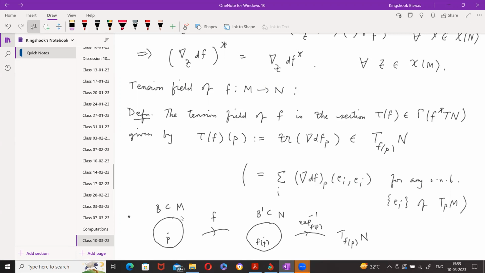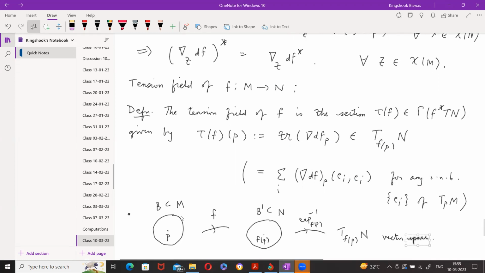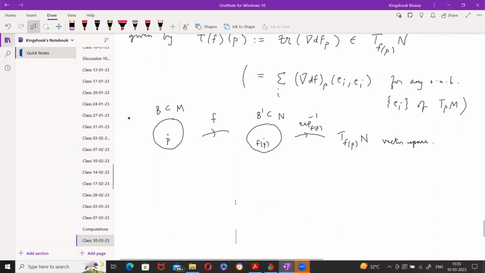Now this is a vector space, right? For a map which takes values in a vector space, you can define its Laplacian by taking the Laplacian coordinate-wise. You choose some coordinates on the vector space. It doesn't matter what coordinates you choose.